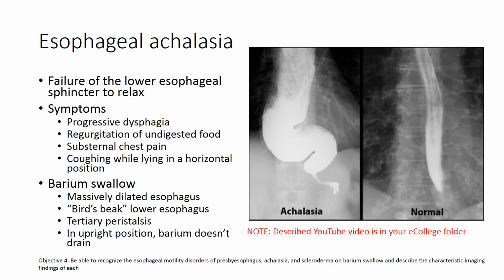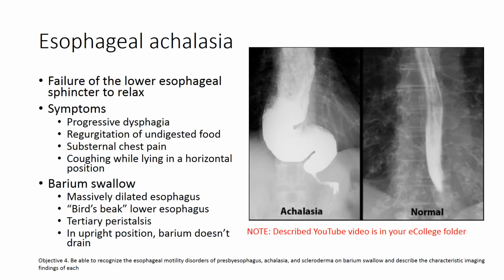the esophagus is diminished. Okay, this is due to degeneration of the nerves and then subsequently degeneration of the esophageal musculature. On barium swallow, what we see is a dilated proximal and mid-esophagus with narrowing at the lower esophageal sphincter, or the gastroesophageal sphincter, and this gives us what we call a bird's beak sign of the lower esophagus.